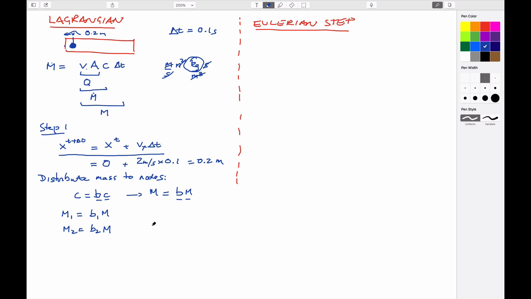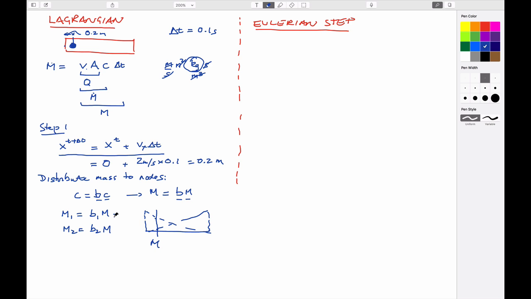And the easiest way to figure out exactly what that looks like is just to draw this diagram, the shape functions on it. And so we have a mass at this particular location here. And we know what the values of these shape functions are.